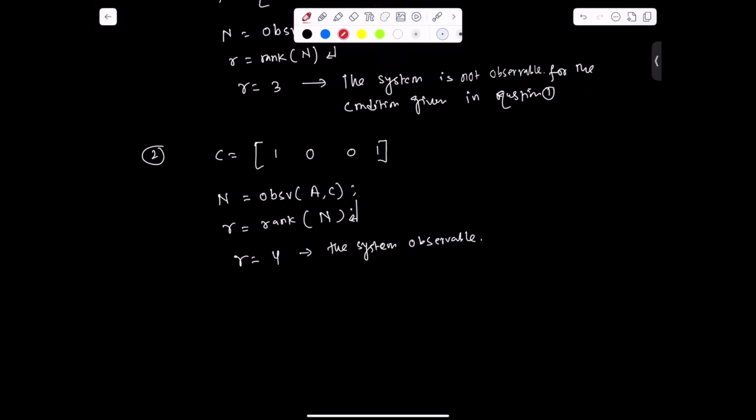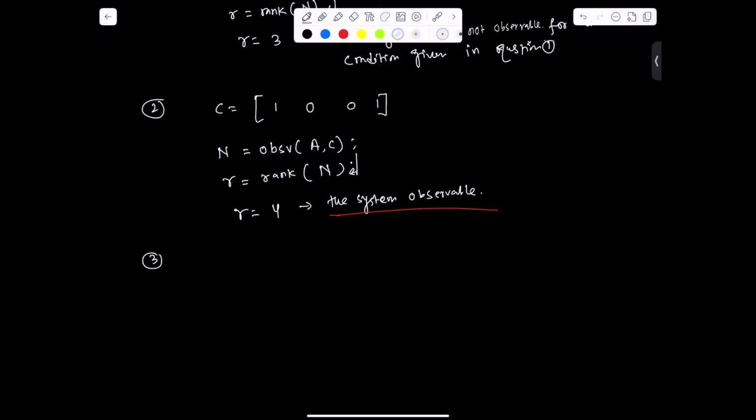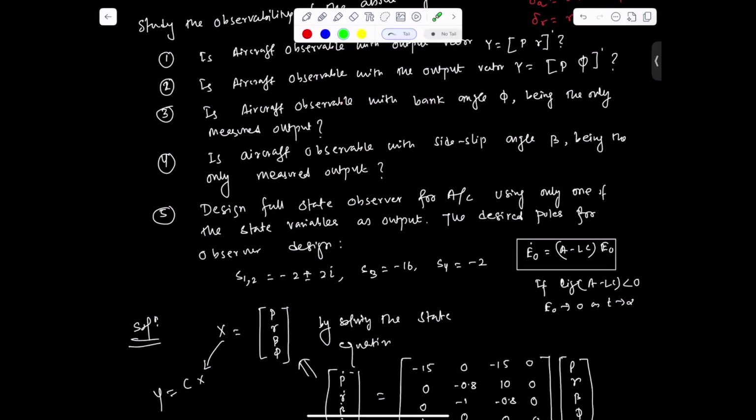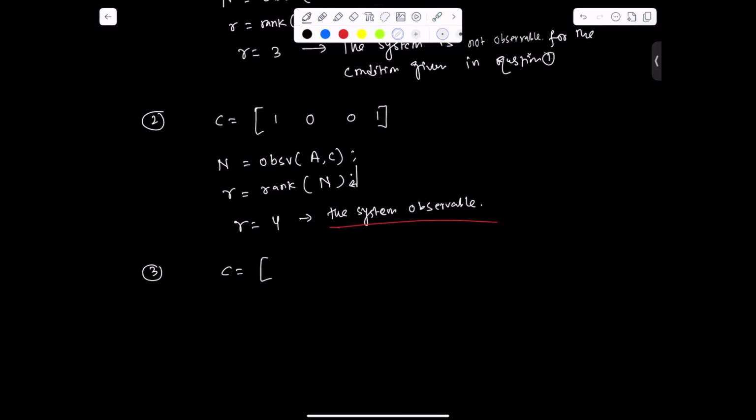Now let's go to the third part. In the third part, only in the output equation we can measure phi. Phi is our bank angle. So we can form the C matrix as 0, 0, 1, 0.